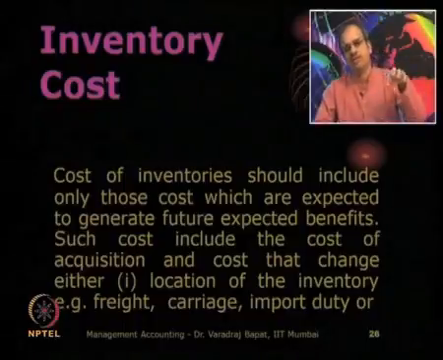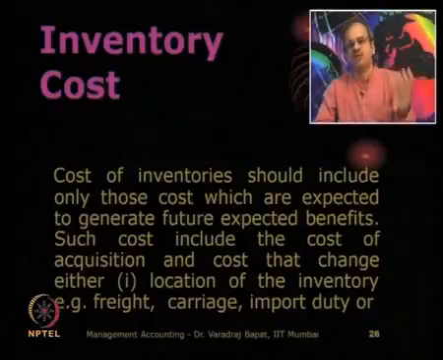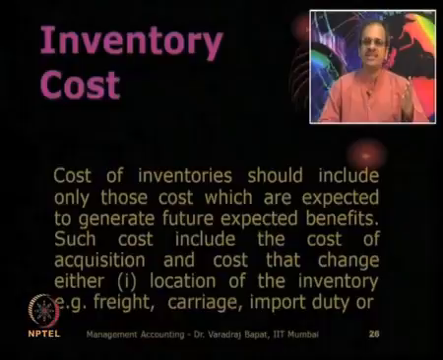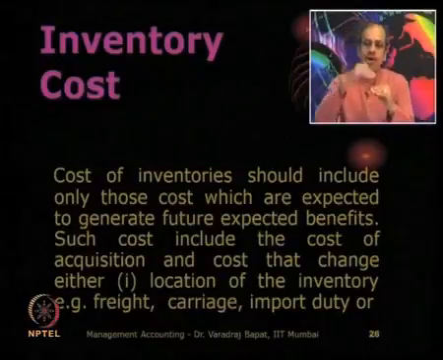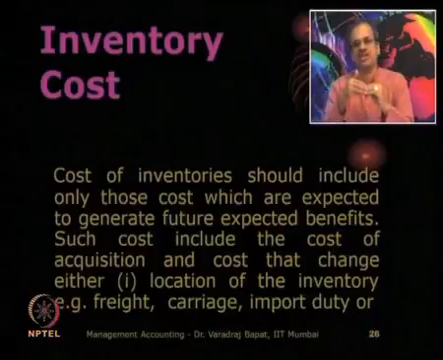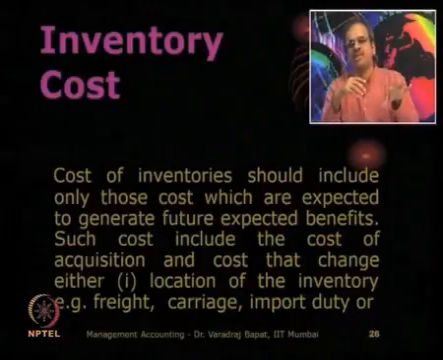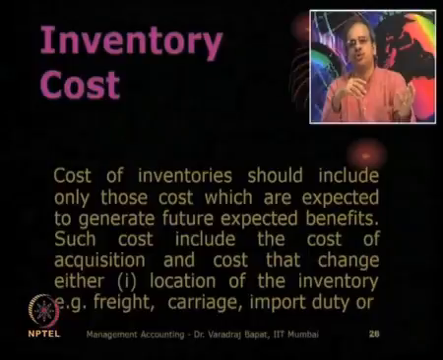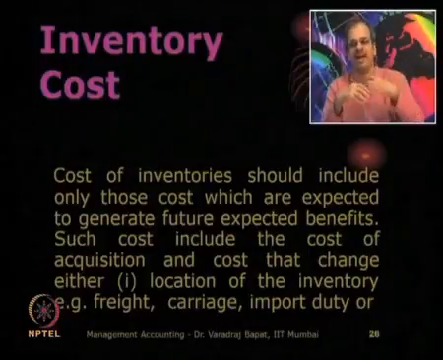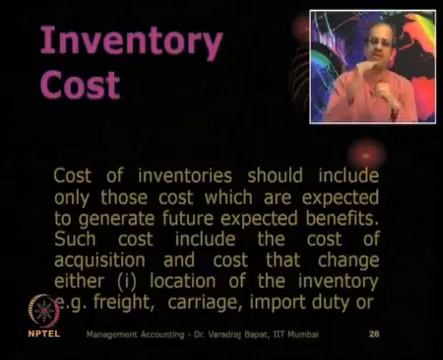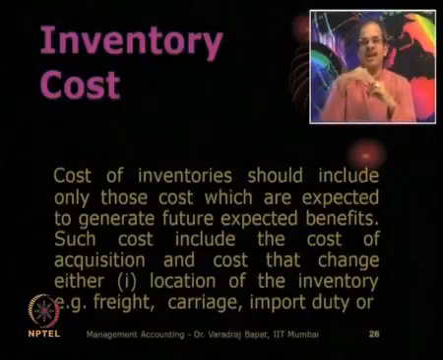So, suppose I have raw material which I have purchased for say 4,000 rupees. 4,000 is the main cost of raw material. I will also include the cost of transportation. So, if I have paid 500 rupees to the transporter to bring the inventory from the place where I purchased to my godown, the cost of inventory will become 4,000 plus 500.